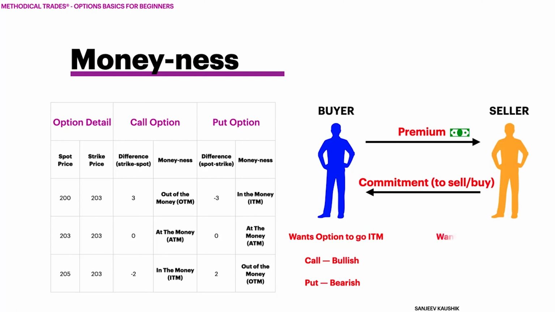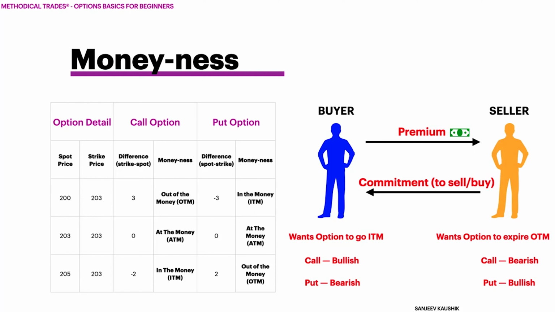That is, if he has sold a call option, it means he is expressing that he is bearish and he is expecting this call option to expire out of the money so he can get to keep the premium amount. Or if he is selling a put option, it means he is bullish on the underlying and expects the underlying to not breach down the strike price so that he can get to keep the premium amount.